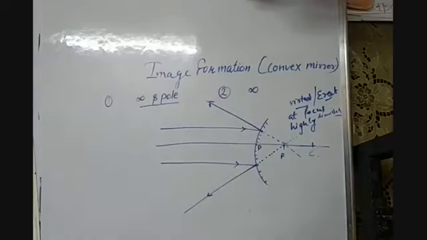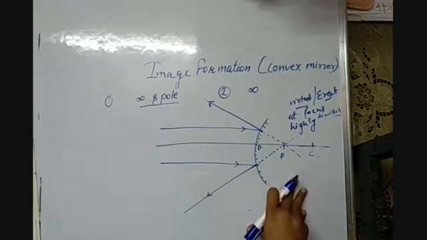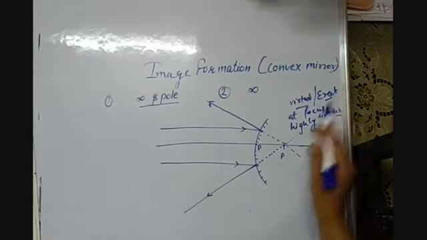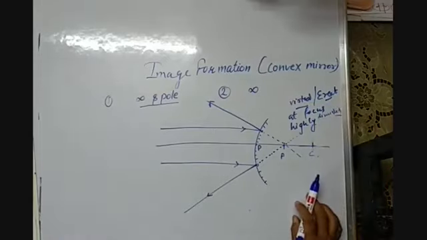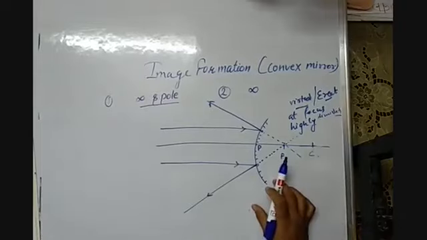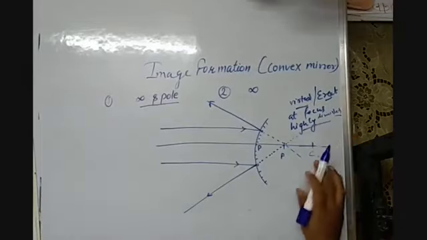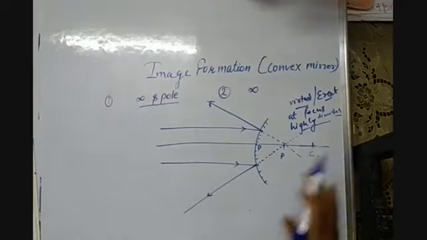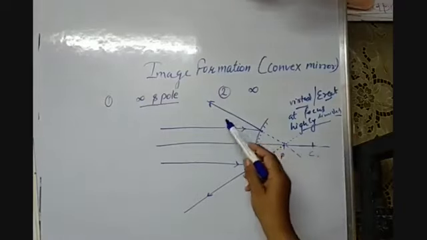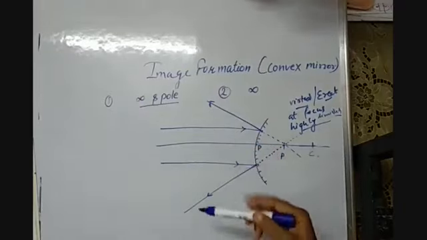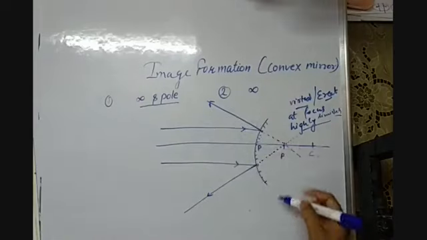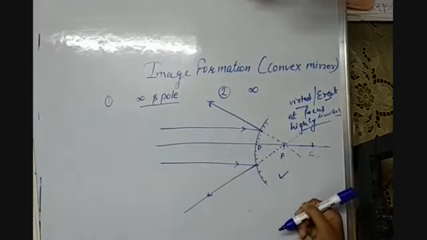So now you can understand two things: convex mirror always gives virtual and erect images. The images formed using convex mirror are always smaller than the object, and you can see here that reflected rays are getting spread out. That is why this mirror is called a divergent mirror.